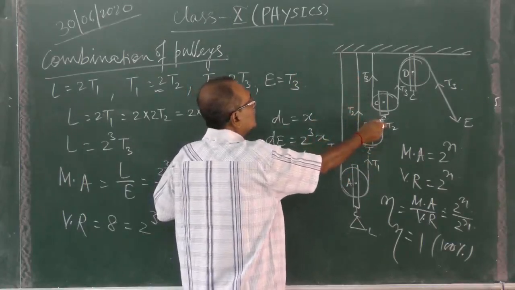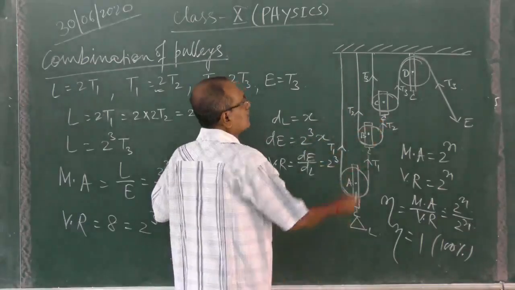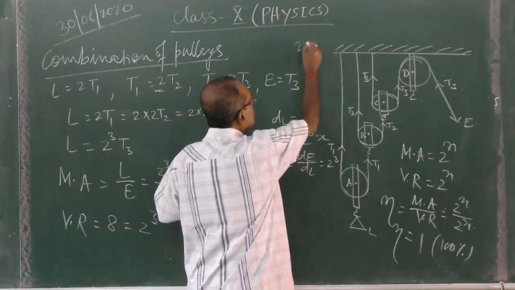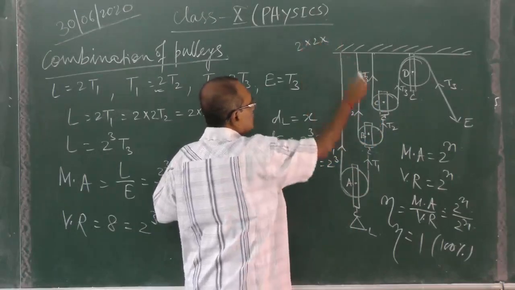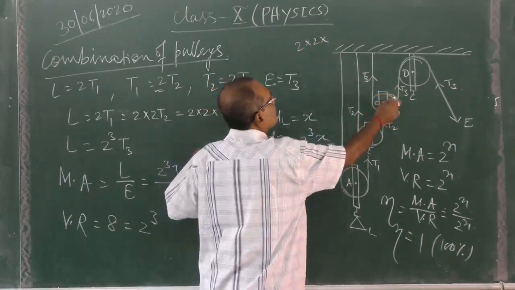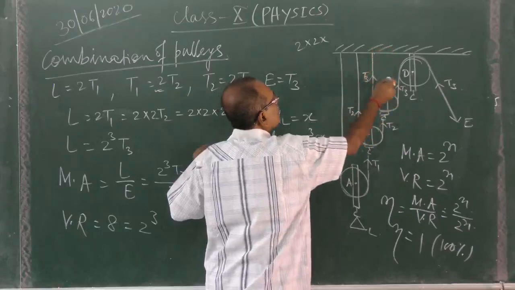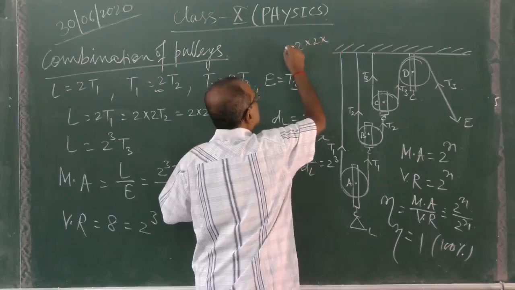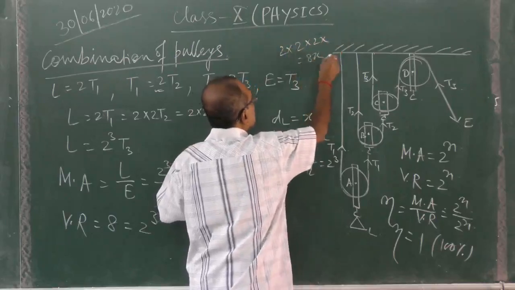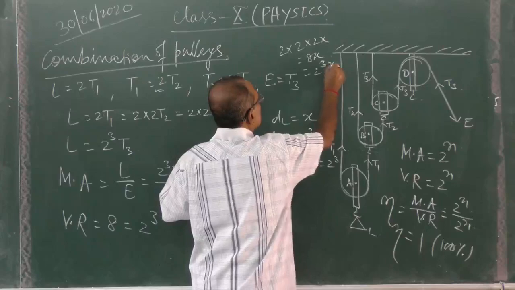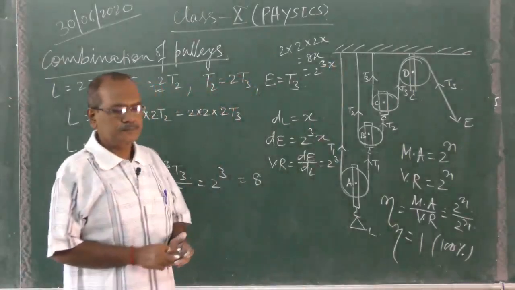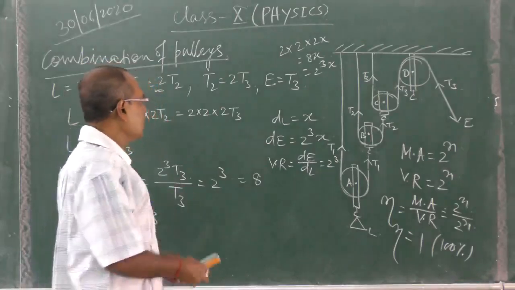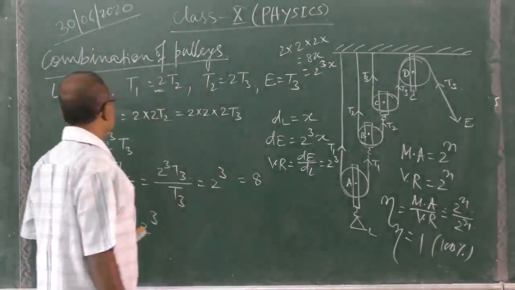So again this one will go 2 into 2x. Then again it is pulled on both sides. So T3 will be pulled this side again 2 times. So that is 8x, that is equal to 2 to the power 3 x. Now we'll do some numerical, then it will be more clear.